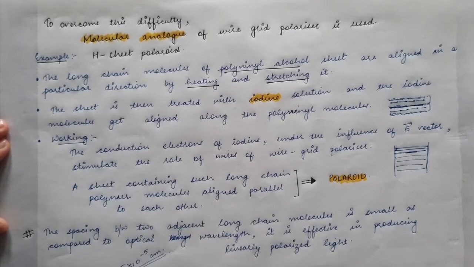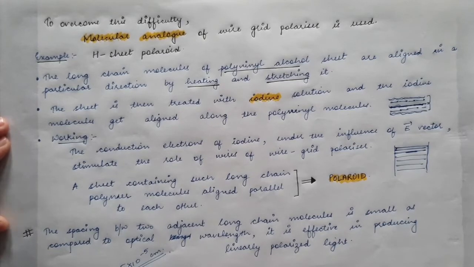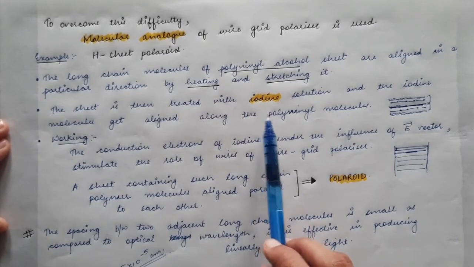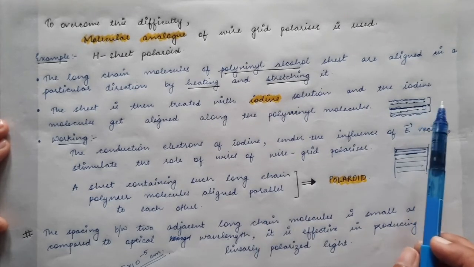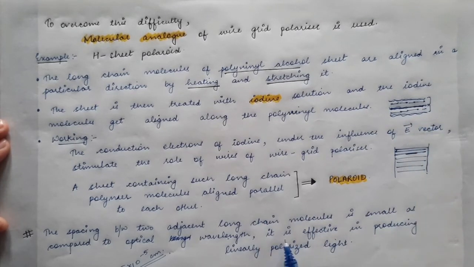Visible light on average has a wavelength of 5 × 10⁻⁵ centimeter, and the spacing between these long chain molecules is very small, and hence it is effective in producing linearly polarized light.